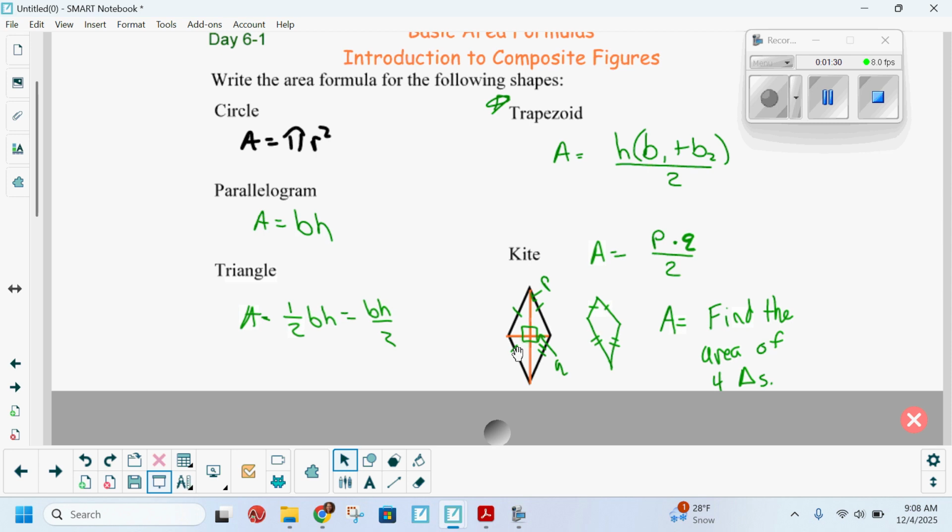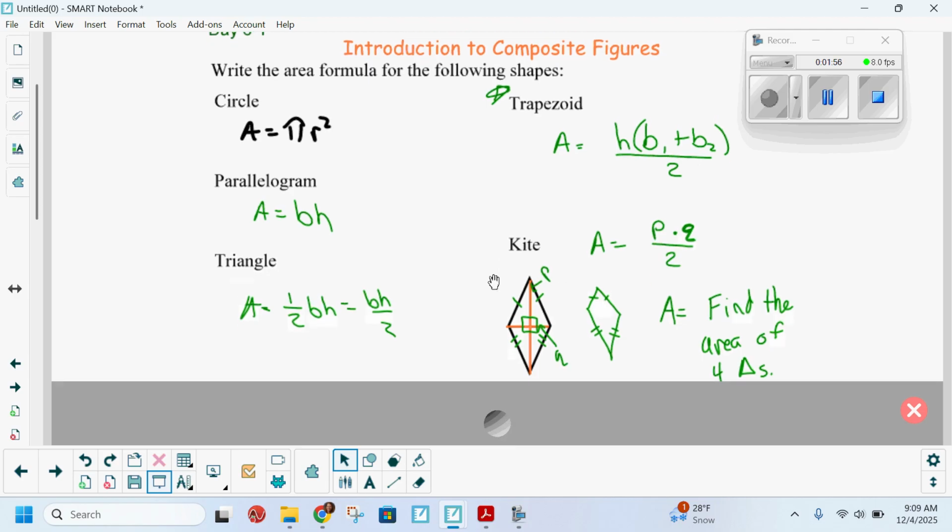So a lot of times you can find the area of a kite by just figuring out the area of the 4 triangles. But there's another way to figure it out, and that's using an area for the kite formula. And it is diagonal times diagonal divided by 2. So P would be this diagonal, Q would be this diagonal. If you know those two lengths, you're just going to multiply diagonal times diagonal and then divide by 2, and that will also get you the area of the kite.